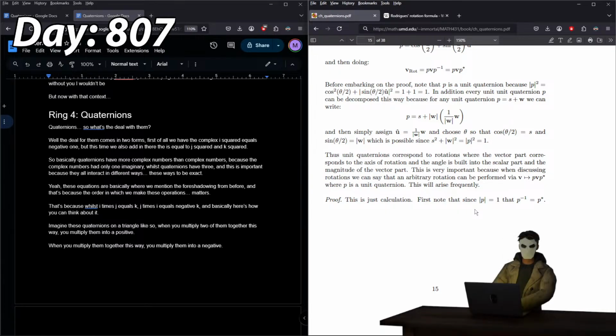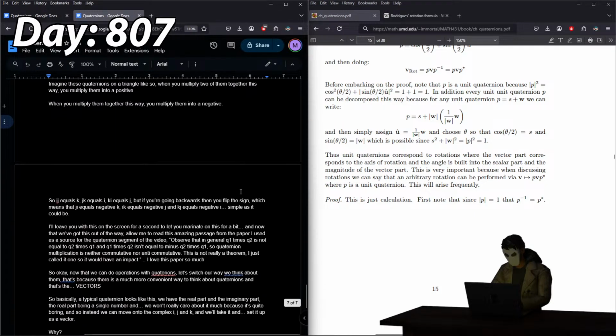Yeah, these equations are basically where we mentioned the foreshadowing from before, and that's because the order in which we make these operations matters. That's because whilst i times j equals k, j times i equals -k. And basically here's how you can think about it. Imagine these quaternions on a triangle like so.